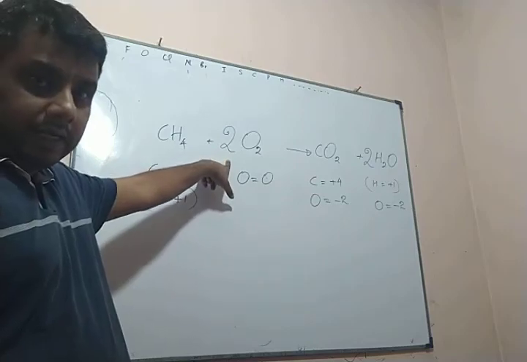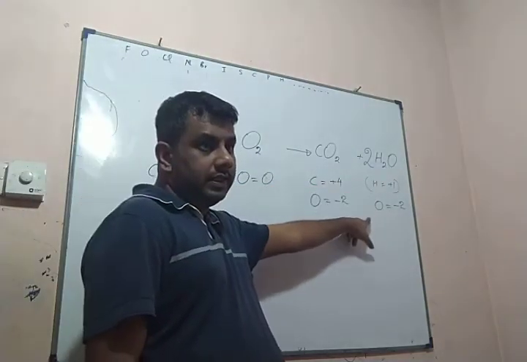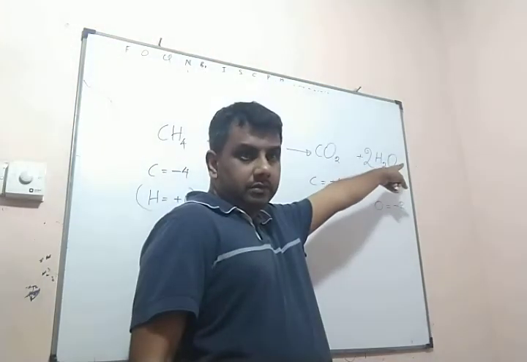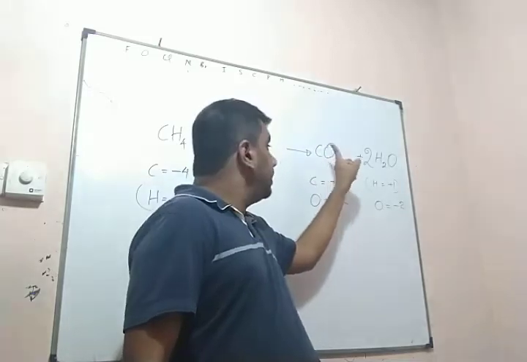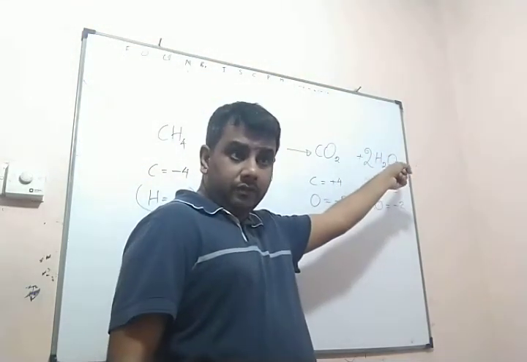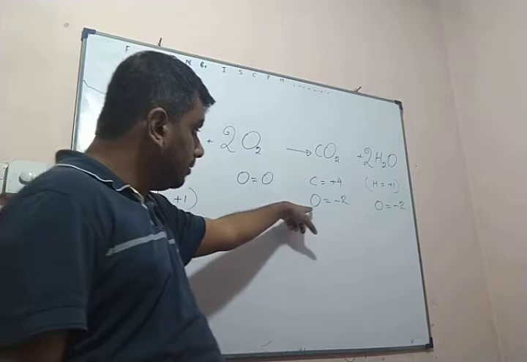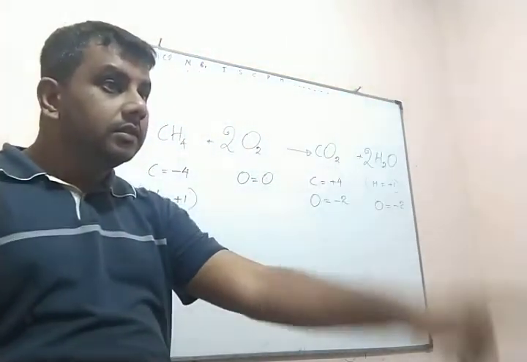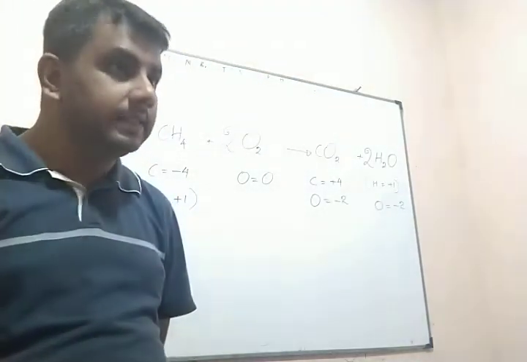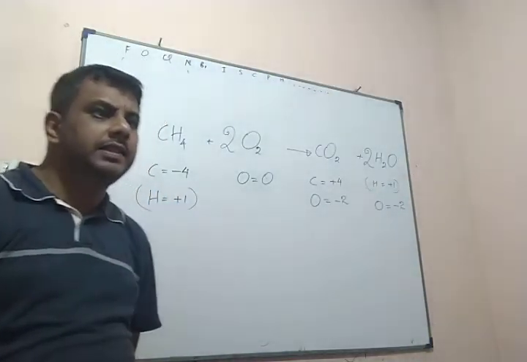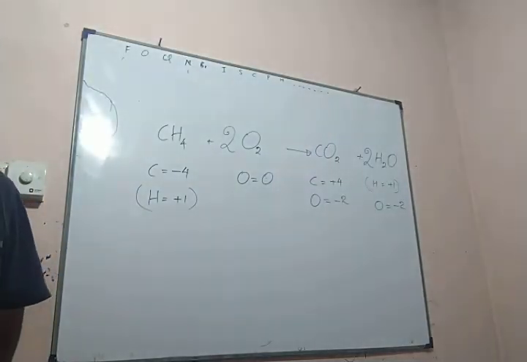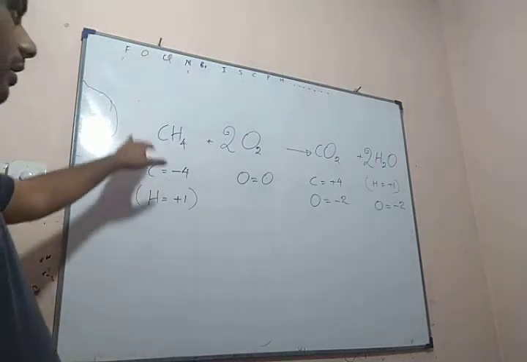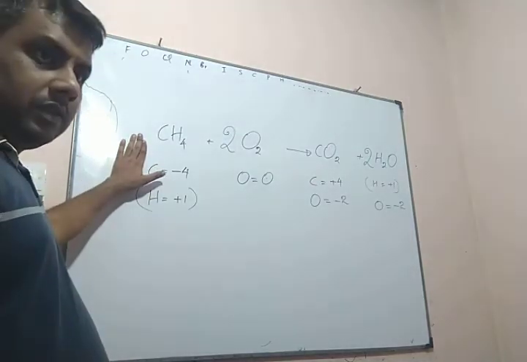This is oxygen in elemental state, but in the product oxygen exists inside CO2 and also inside water. What's the oxidation state now? Minus 2. Initially 0, now minus 2. So the oxidation number has decreased. Oxygen underwent reduction.